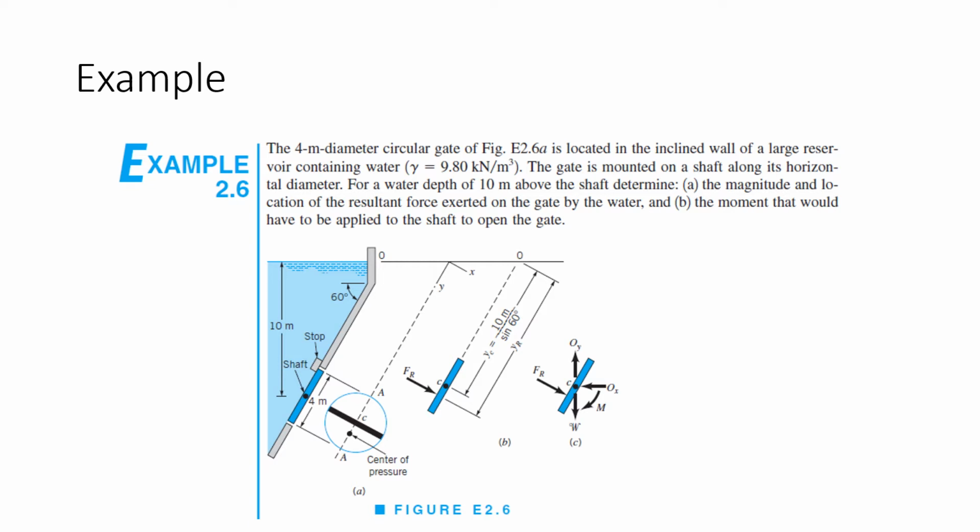The gate is mounted on the shaft along its horizontal diameter. For a water depth of 10 meter above the shaft, determine the magnitude and the location of the resultant force exerted on the gate by the water, and the moment that would have to be applied to the shaft to open the gate.